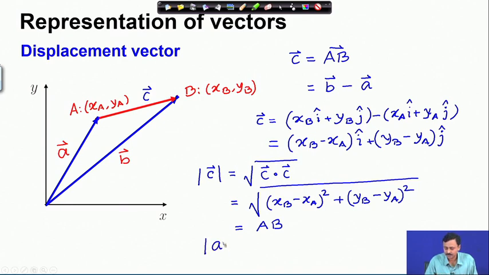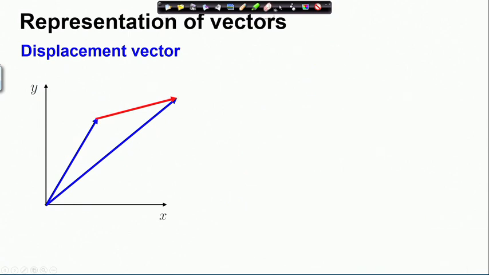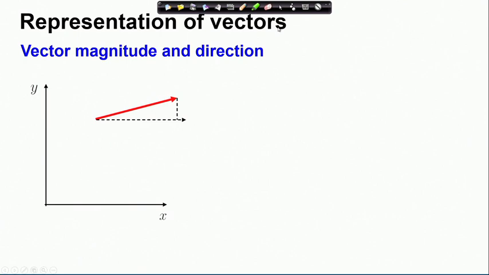So, for example, magnitude of vector a is nothing but square root of x a square plus y a square. So, that is the magnitude. So, we have discussed vector magnitude.